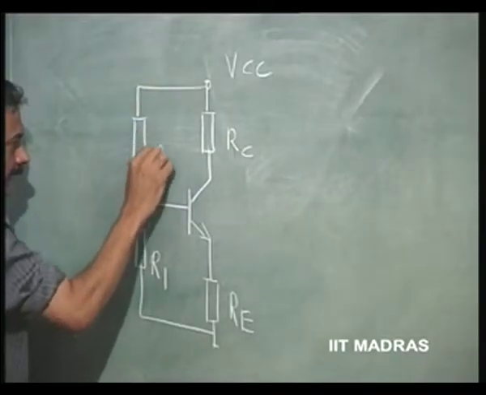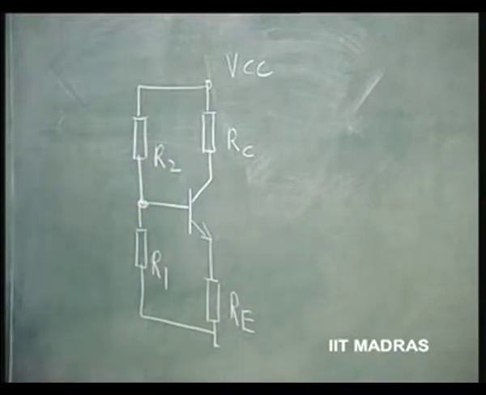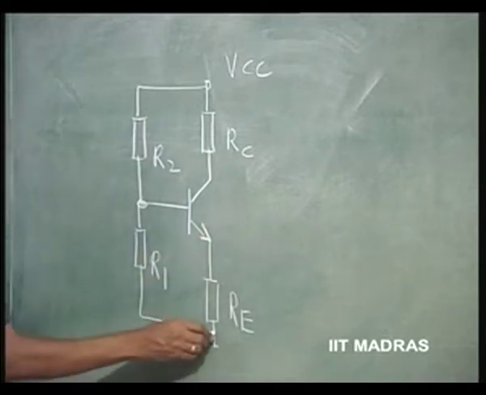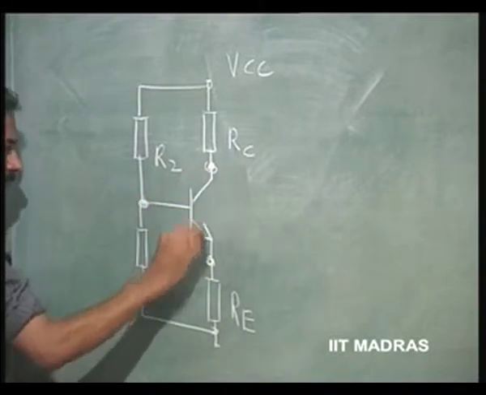This is the generalized way of biasing that we had discussed. Now, how to feed a signal is what we are going to discuss for this amplifier.